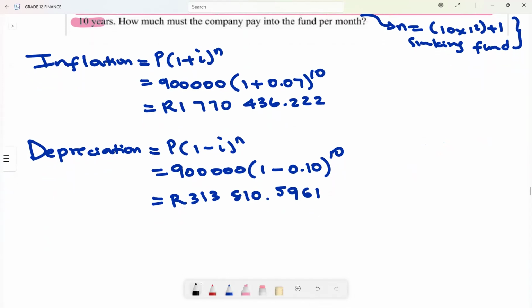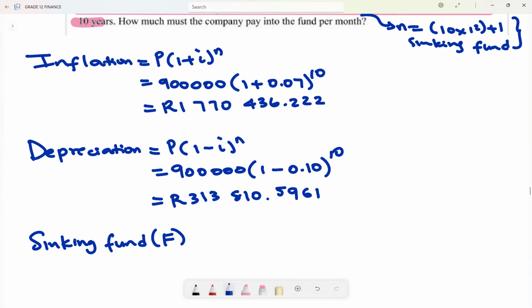So can you see that? So we need to open what? A sinking fund. But how much do I need to save for? The sinking fund is the amount that I need to save for. How much is that amount?